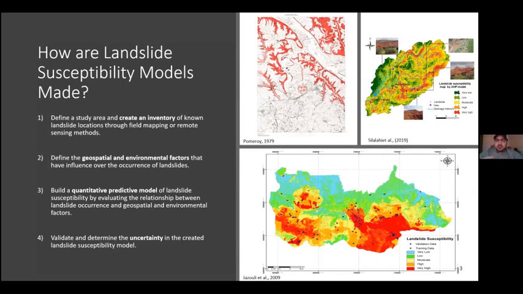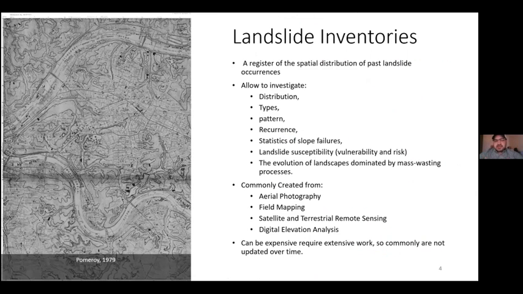With these two important data, we can build a quantitative predictive model of landslide susceptibility by evaluating the relationship between the inventory and these geospatial and environmental factors and creating susceptibilities. Now it's mostly pixel-based. And then fourth, with any risk model, it's really important to both validate and determine the uncertainty in the created landslide susceptibility models.